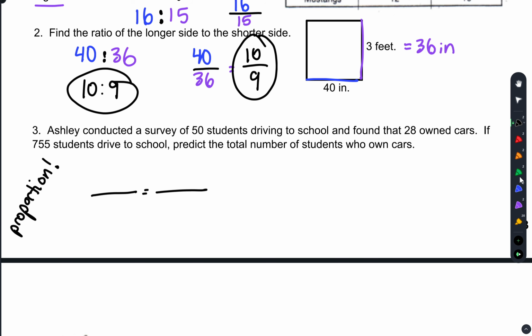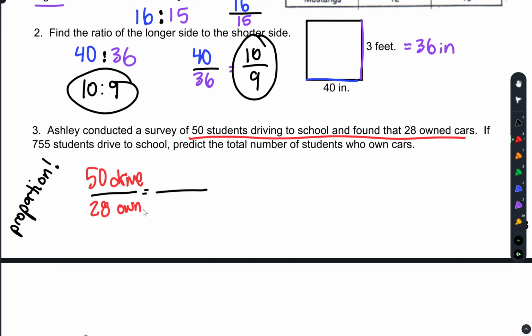So take a look at this problem. It says Ashley conducted a survey of 50 student drivers and found that 28 of them owned cars. So these first 2 numbers represent my survey population. I'm going to set that up on the first side of my proportion. There are 50 drivers and 28 owners of cars. That's her survey size.